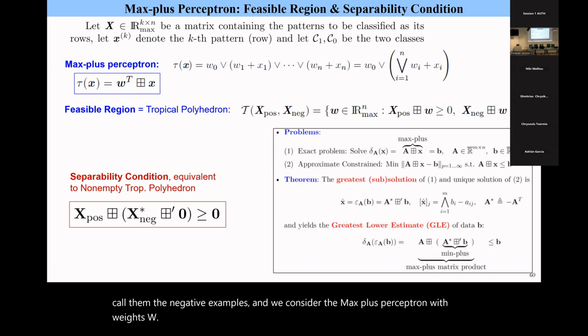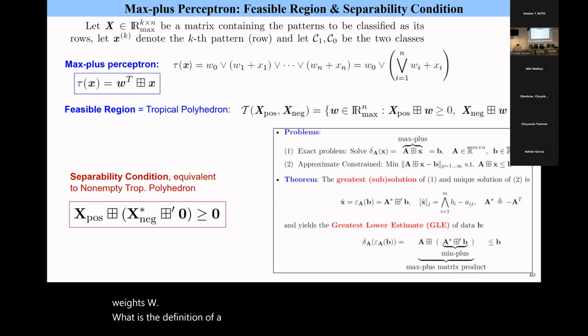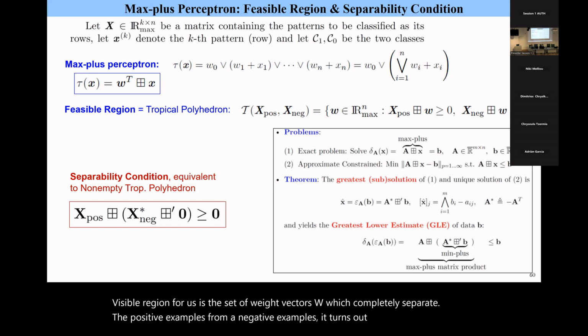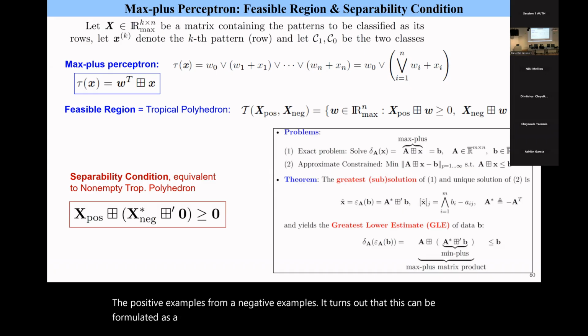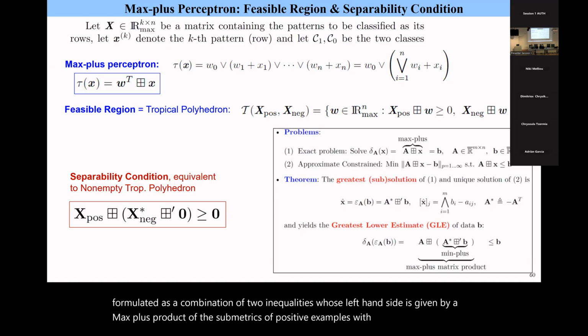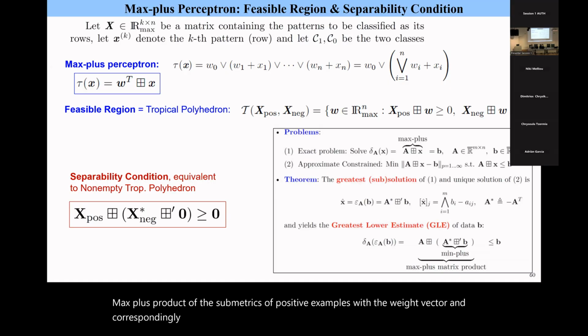What is the definition of a feasible region? Feasible region for us is the set of weight vectors W, which completely separate the positive examples from the negative examples. It turns out that this can be formulated as a combination of two inequalities whose left-hand side is given by a max plus product of the sub-matrix of positive examples with the weight vector, and correspondingly the sub-matrix X negative of the negative examples with the weight vector.